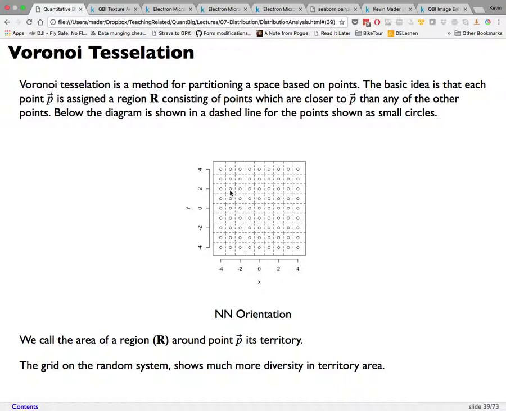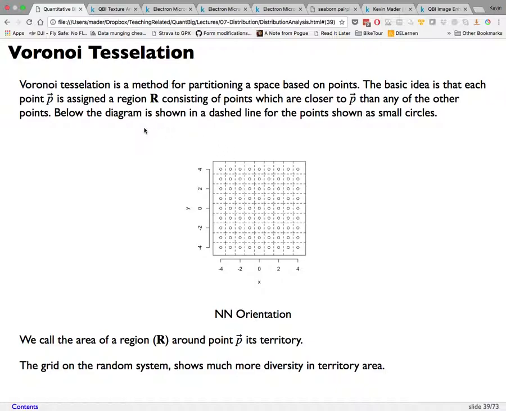There's some popular iPhone and Android games that play with this idea of a Voronoi Tesselation. But basically, it's a partitioning of the space based on a set of points. And so you have each point in your system, which is each one of these dots here, assigned a region consisting of the area that's closer to P than it is to any other point.